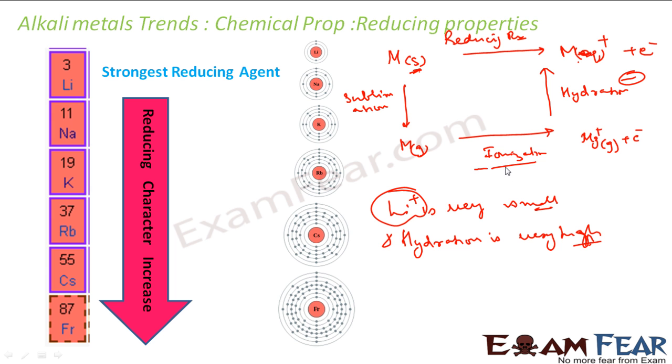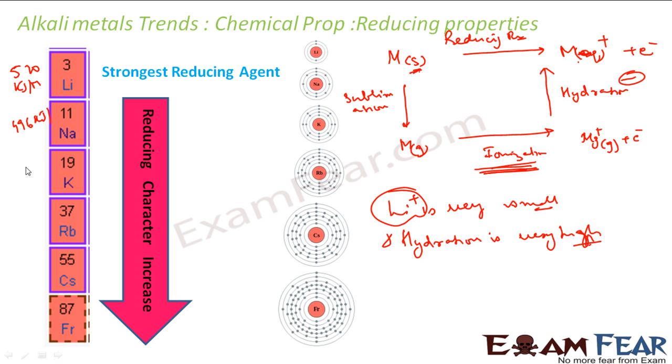It is so high that it gives so much energy that it compensates for this. See, the ionization energy for lithium is less, actually, when compared to sodium. Let me write down the values. This is 520 kilojoules per mole, and this is 496. It decreases actually.